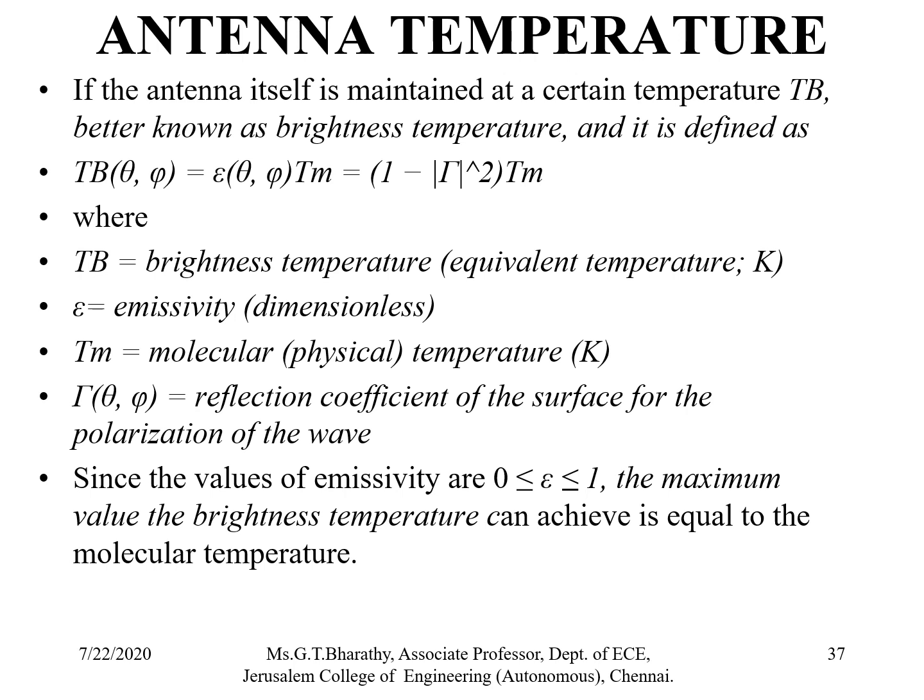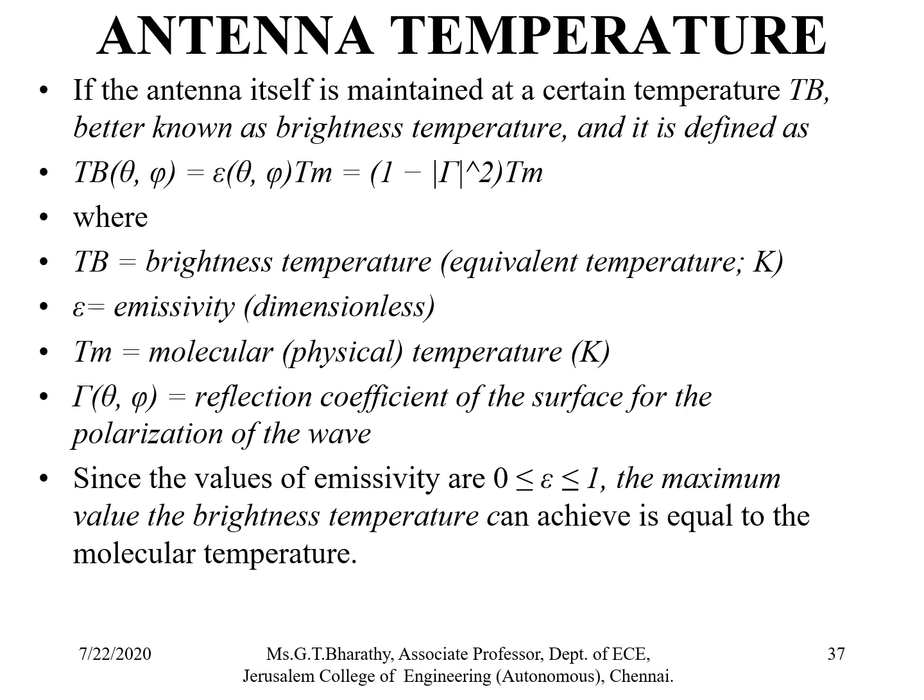So the next parameter is antenna temperature. If the antenna itself is maintained at a certain temperature T suffix B, which is called the brightness temperature, it is defined as TB as a function of theta comma phi equal to emissivity epsilon as a function of theta comma phi into Tm, where Tm is the molecular or physical temperature.